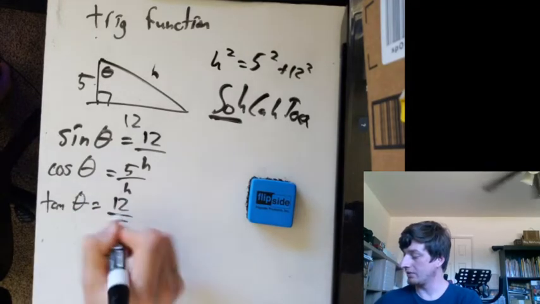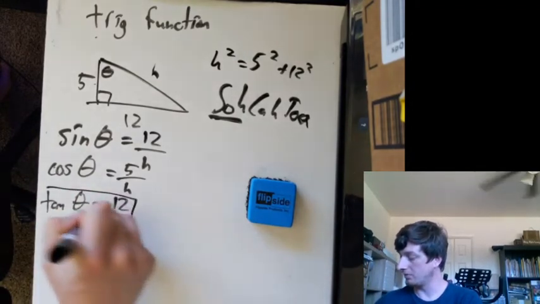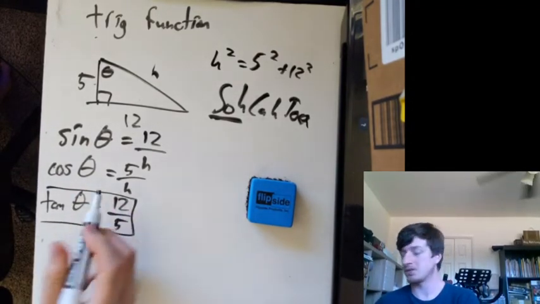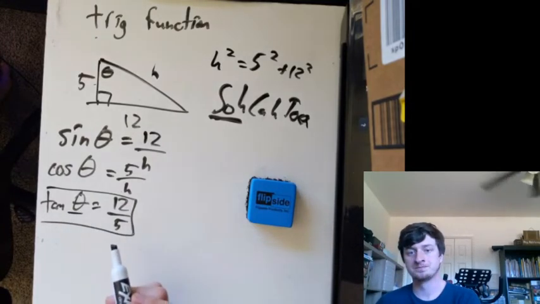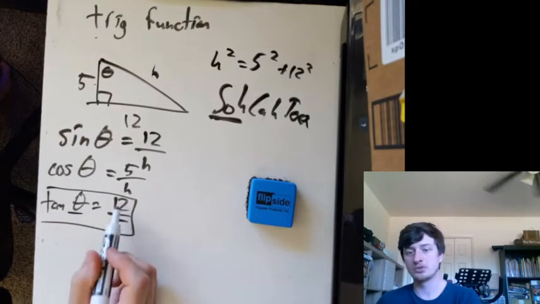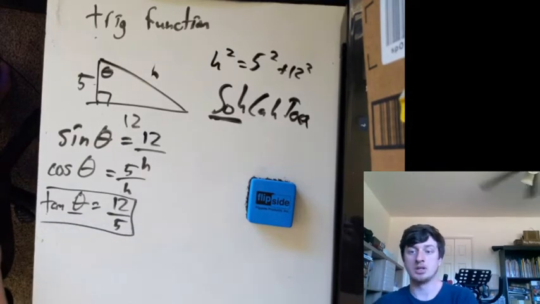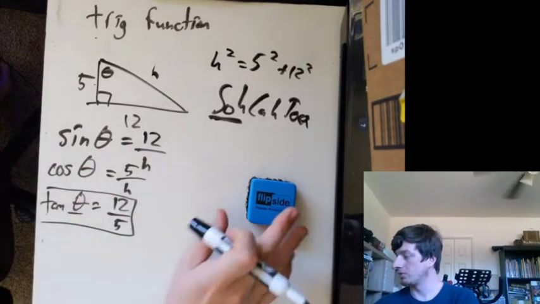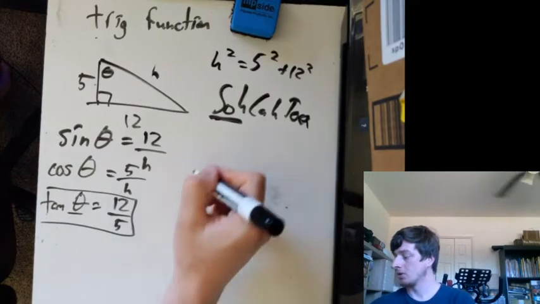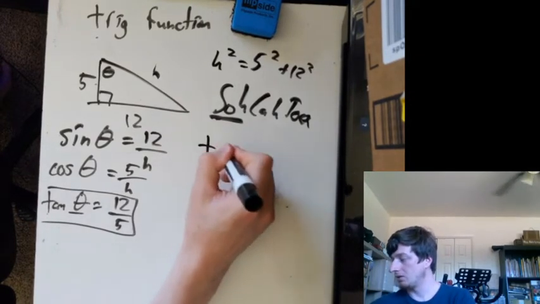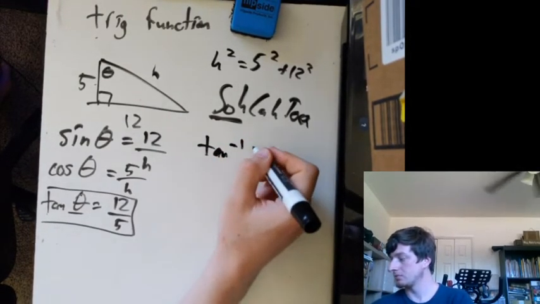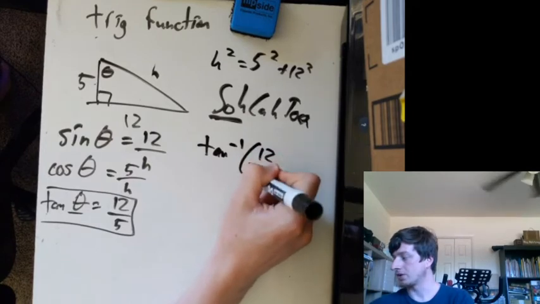So here, this is the only one for this problem that doesn't have two variables in it. This theta is a variable, we don't know what it is. So with these two numbers, we can solve for theta using an inverse. So what we would do is tan inverse. Well, actually, I don't want to get into that.